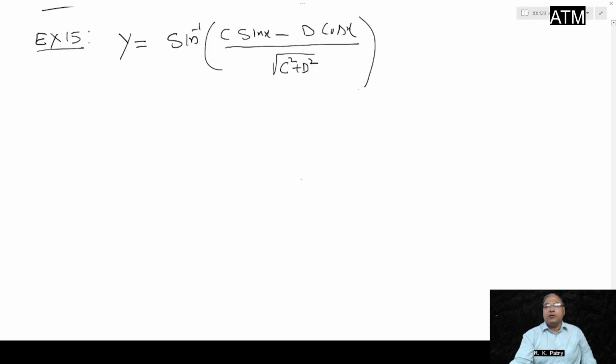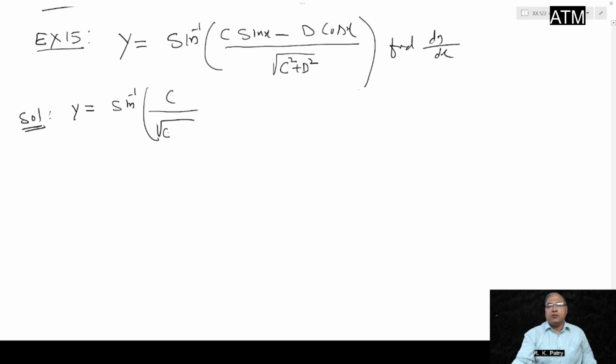Example number 15: y equals sine inverse of (c sin x minus d cos x) upon under root of c square plus d square. Find dy by dx. Solution: y equals sine inverse. First of all, separating, that is, c upon under root of c square plus d square into sin x, minus d upon under root of c square plus d square into cos x.